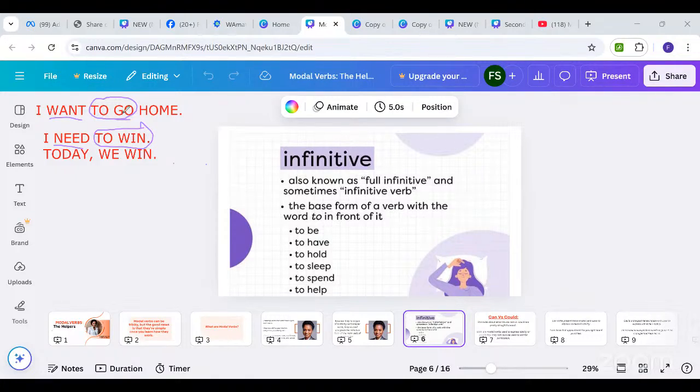It becomes an infinitive. Want becomes the main verb, to go becomes the infinitive. Now, same with I need to win. There are two verbs there, need and win. But because of the to, win becomes an infinitive. To win becomes the infinitive verb there, while need is the main verb.